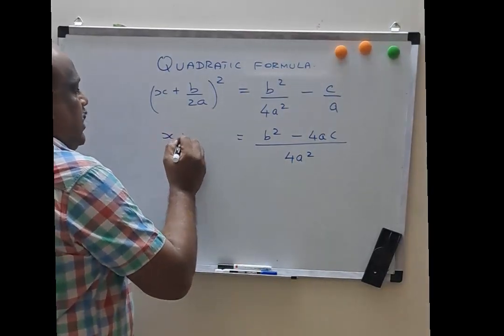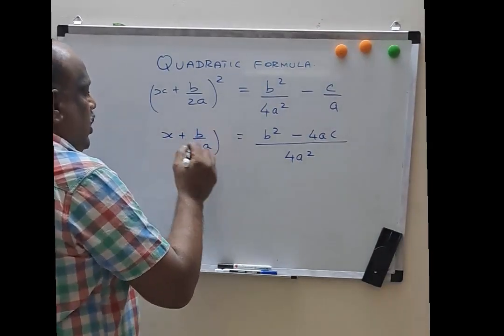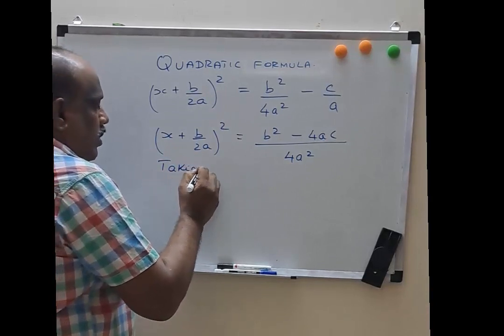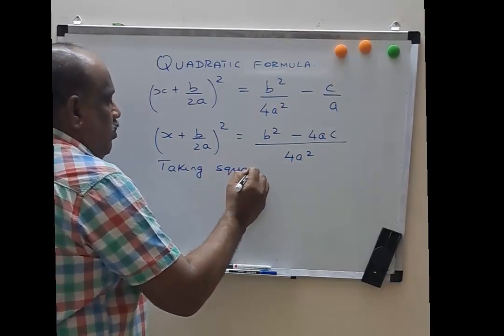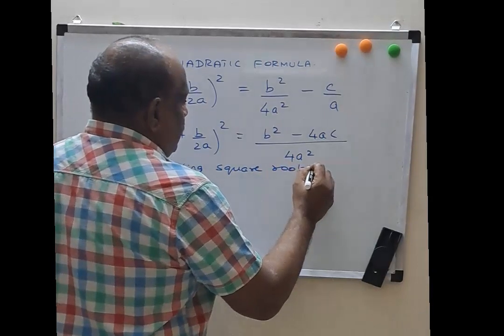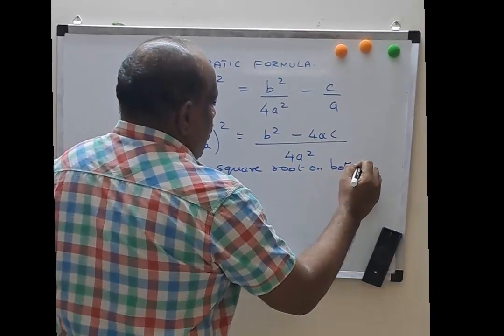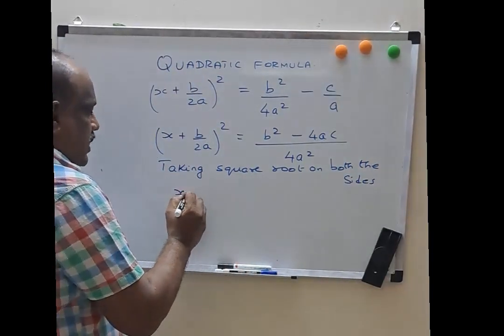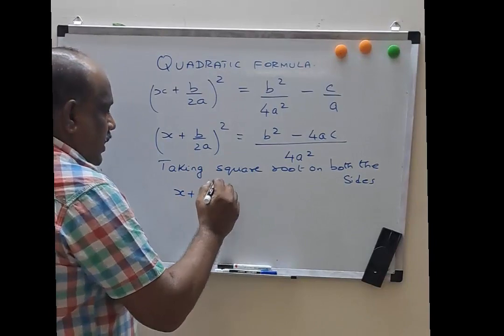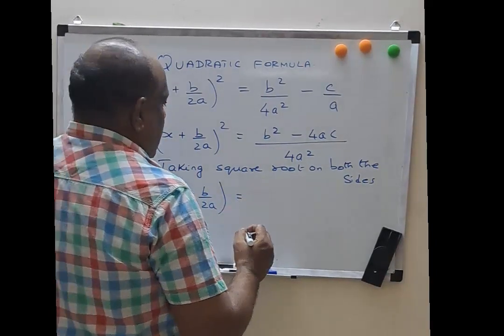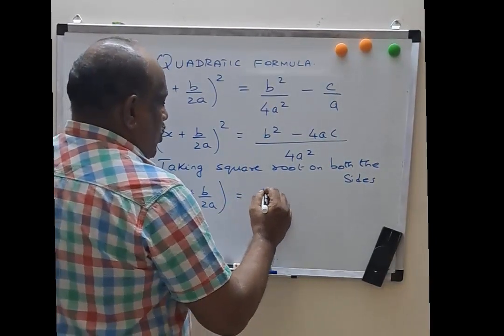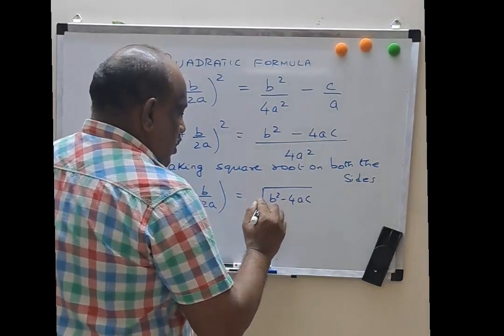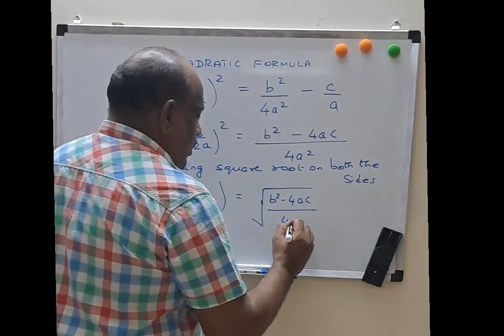So this is nothing but x plus b by 2a the whole square. Now taking the square root on both sides, it will be x plus b by 2a is equal to square root of b squared minus 4ac by 4a squared.